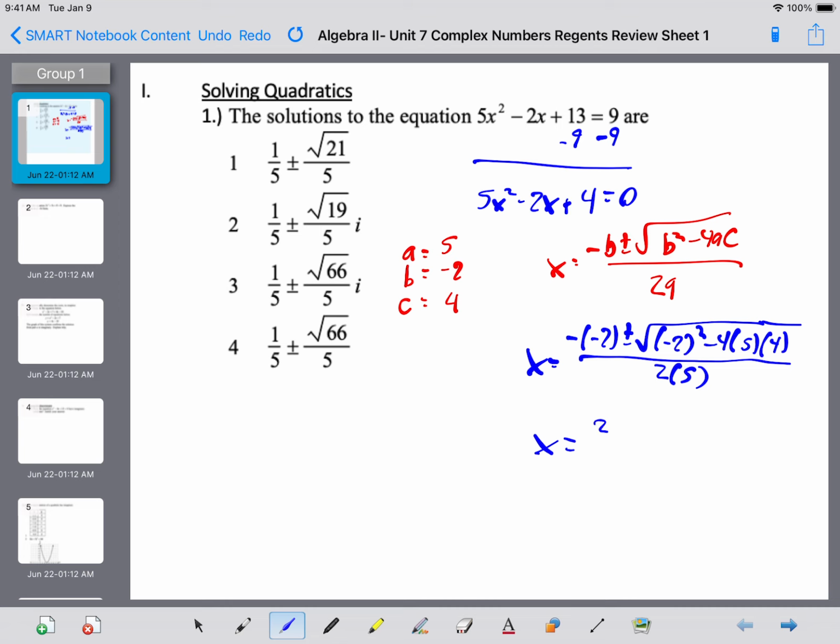So negative, negative 2. Make sure when you're substituting in, you use parentheses so that, let's say it is negative, you don't make the mistake of accidentally not squaring part of the value you're plugging in.